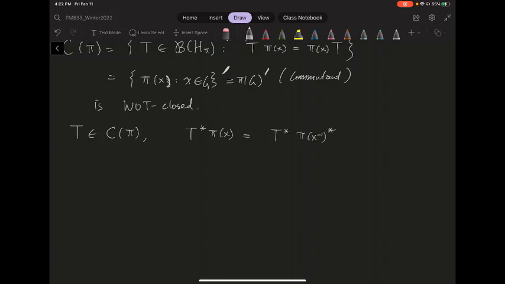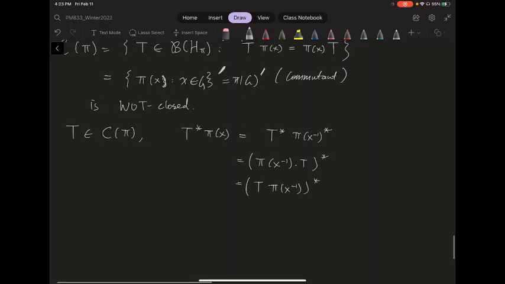You can think of π(x) as (π(x)*)*, and then you move one star inside, and this is essentially just (π(x⁻¹)T)*. But because T and π commute, you can move the T to the other side. You have (Tπ(x⁻¹))*, so you end up with π(x)T*. In other words, your T* also commutes with your π. So this implies your T* is also inside C(π).